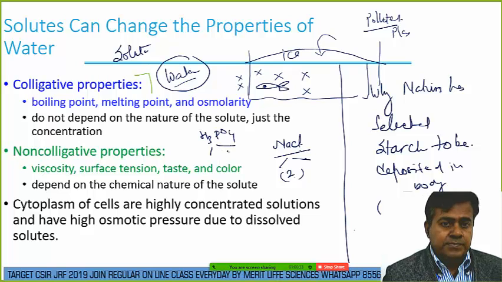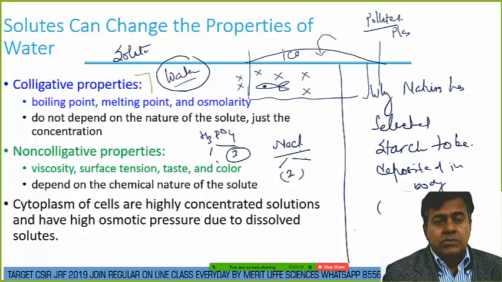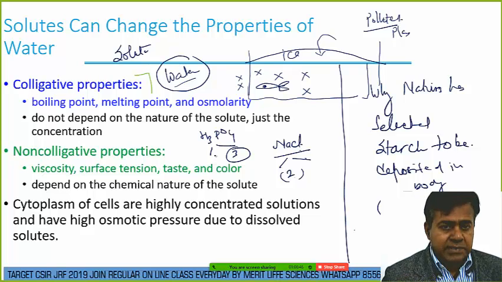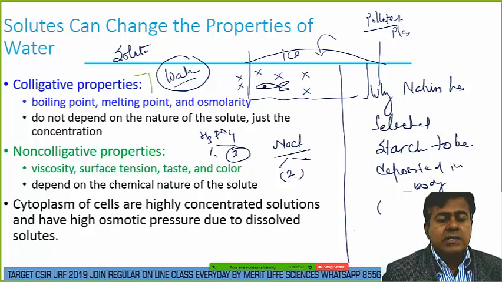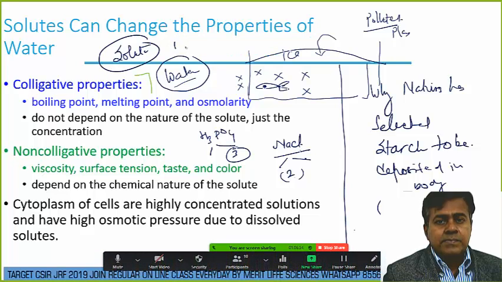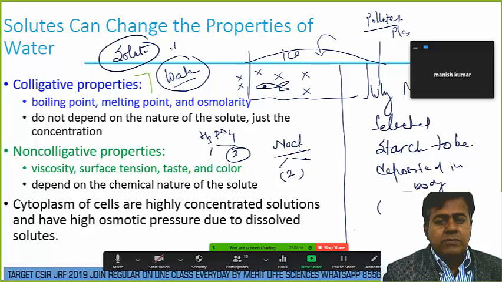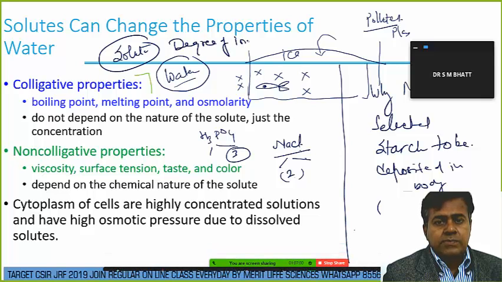Below 3. Right? So whatever properties we can see, the comparative properties of boiling point, melting point, osmolarity, right? All these depend on what? The degree of ionization.